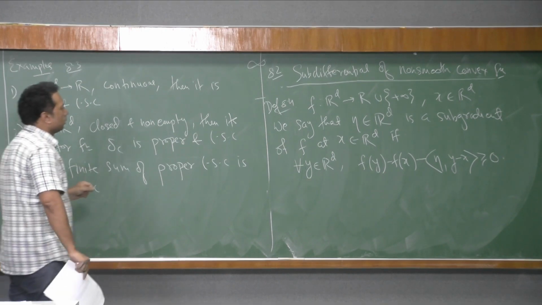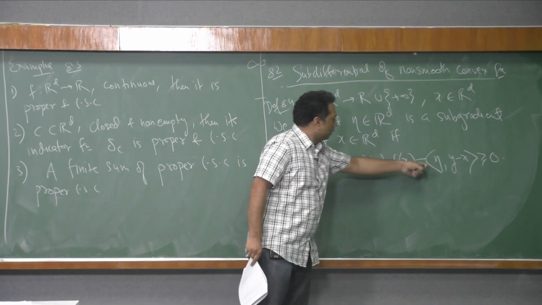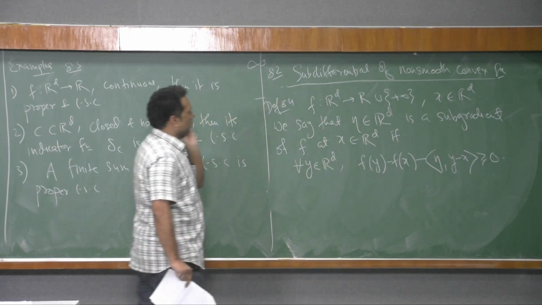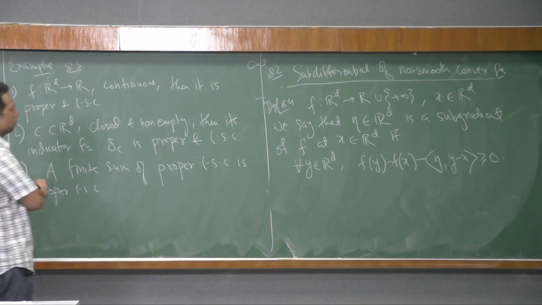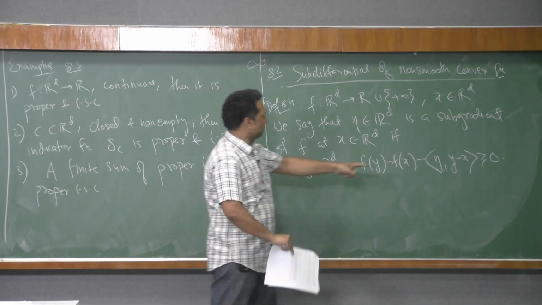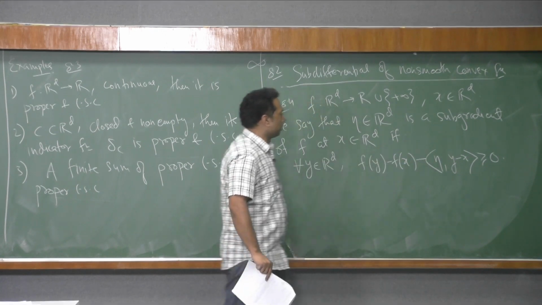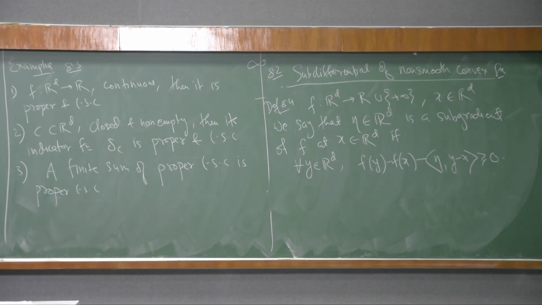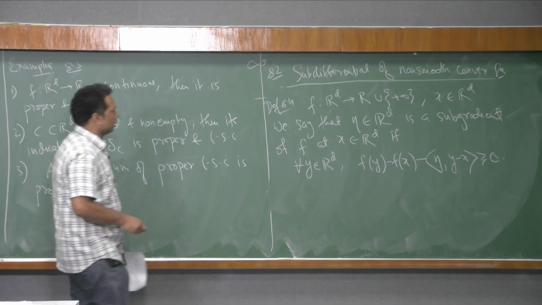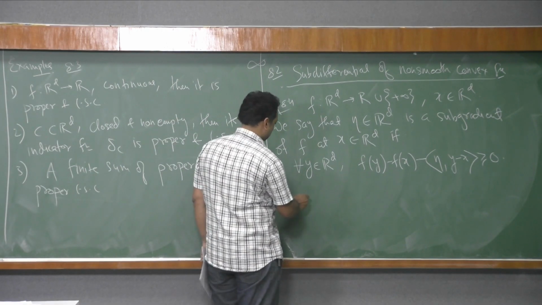And subgradient is any line that can be a tangent. Okay, so basically any eta that you could find, the slope of a function, which can become a lower bound, you can define that to be a subgradient. Okay, so we have done this in the previous classes, so you can always see those videos.